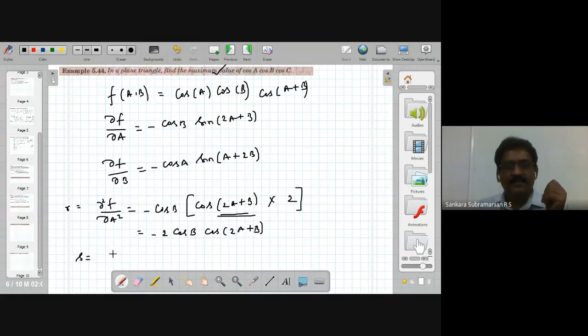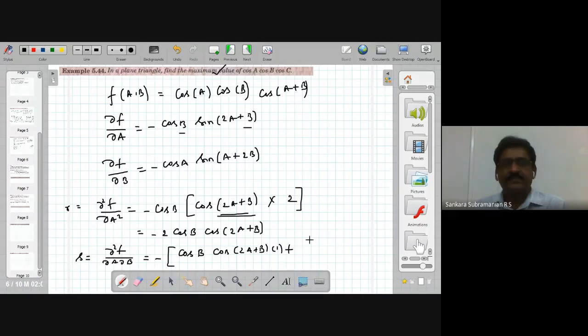S equal to dou square F by dou A dou B, which means go to dou F by dou A and differentiate with respect to B. Now B is involved in a product, so you have to go for UV. Take minus common, fix cos B, differentiate sin of 2A plus B, you get cos of 2A plus B into differentiation of 2A plus B with respect to B, which is 1.